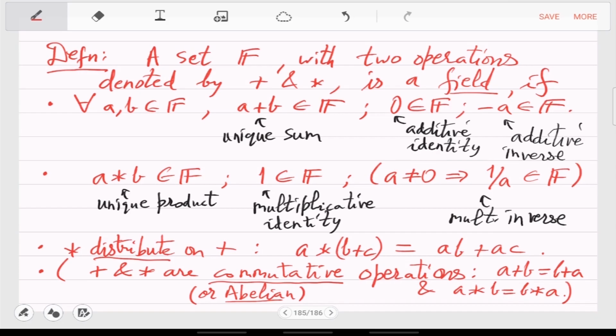And for the plus, the first set of axioms, multiplication is similar except that you exclude 0 for inverse. Don't do division by 0. And third is the distributivity. So any set with such operations is called a field. Is that clear?